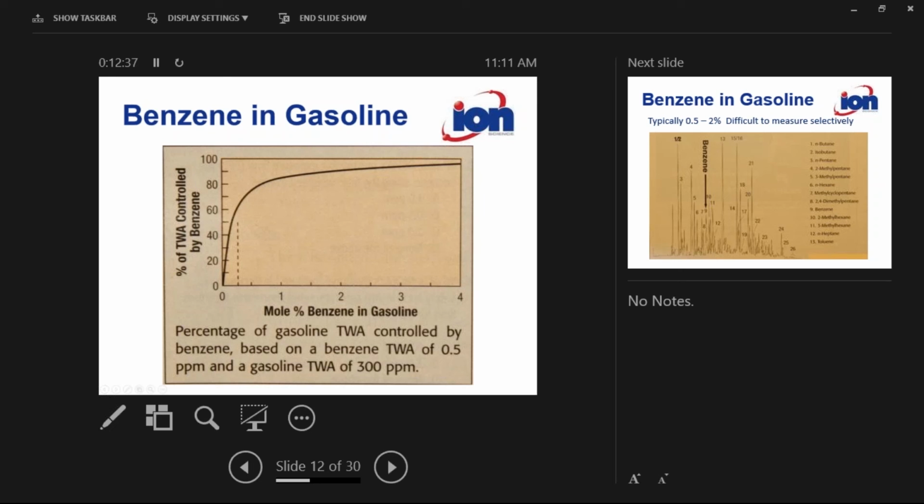Most gasolines and fuels have something in this range right here, about 0.5% to 2% benzene in the gasoline, depending on which state you live in or which country. So that's in a region where benzene really dominates the toxicity of the gasoline.